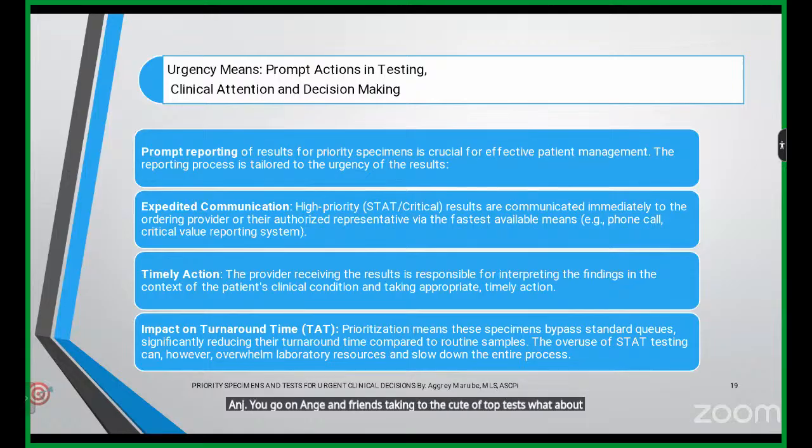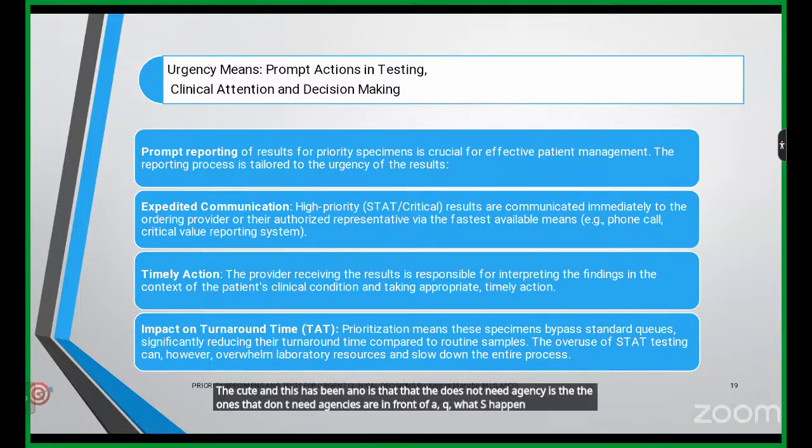What about that real STAT test that was needed for the life saving of a certain patient? Maybe it has fallen back in the queue, and the ones that don't need urgency are in front of the queue.